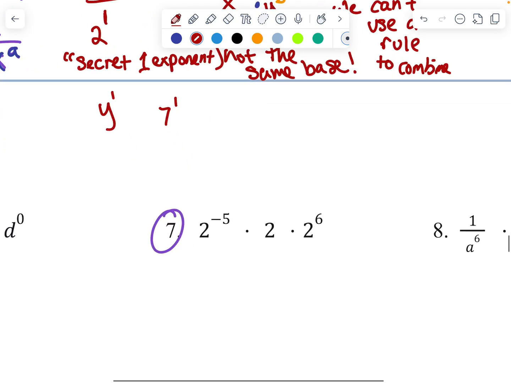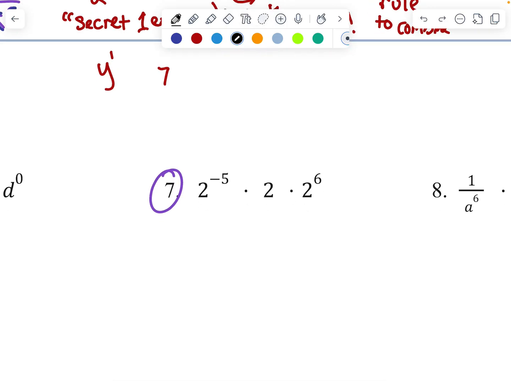Let's just do one problem together here, okay? I have 2 to the power of negative 5. I already know that this 5 is going to need to go on bottom of this fraction. So this is going to be 1 over 2 to the 5, okay, times, now remember, here's the secret rule. If it doesn't have an exponent, it is 1. So we have times 2 to the 1 times 2 to the 6.